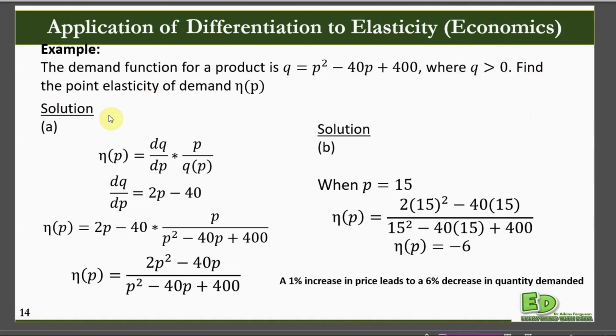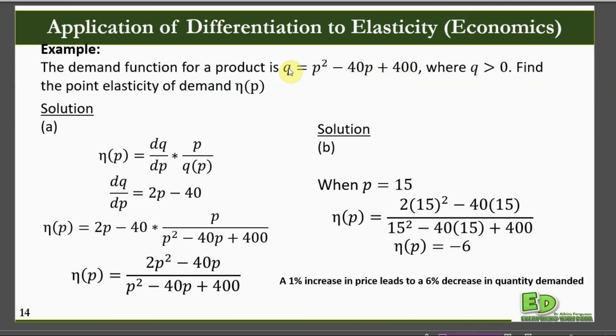So find the point elasticity of demand. To find that, it is dQ over dP, change in quantity over change in price, times price over quantity. So we have to find dQ over dP of Q, which is P squared minus 40P plus 400.